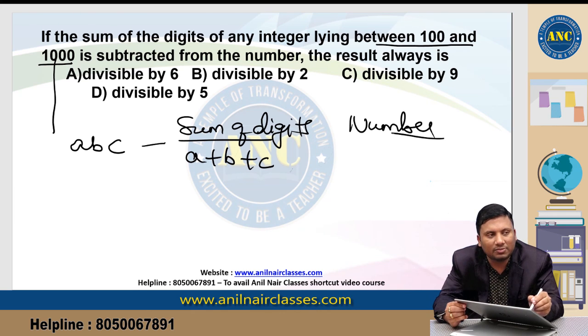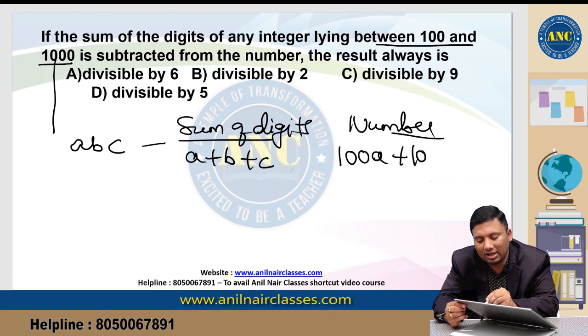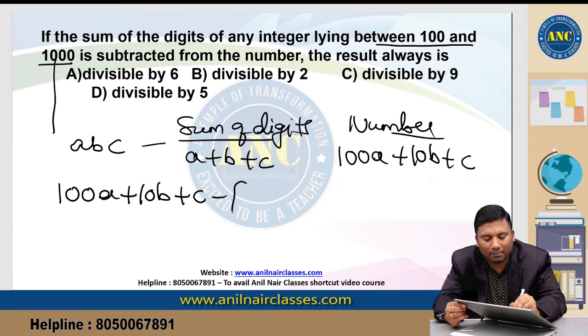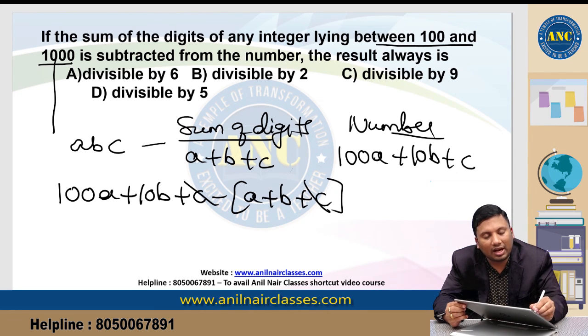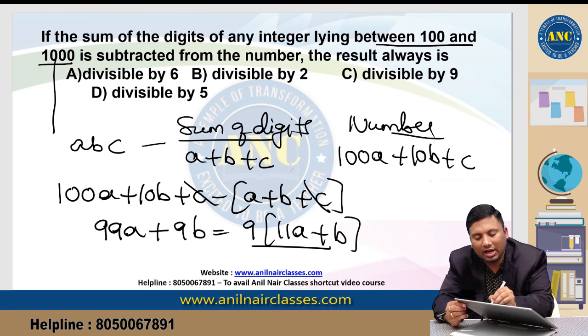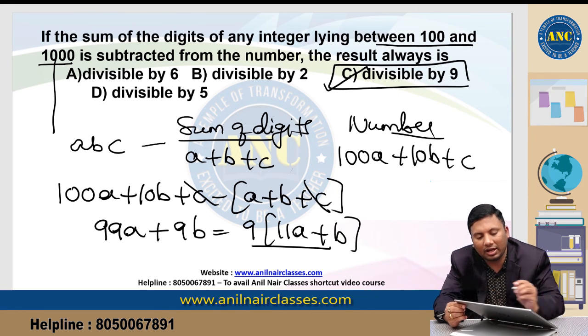C is the units place, b is the tens place, a is the hundreds place, so the number is 100a plus 10b plus c. Subtracting gives 100a plus 10b plus c minus a plus b plus c. C cancels. 100a minus a is 99a, 10b minus b is 9b. So if I take 9 common, 9 into 11a plus b, 9 into any number, the answer will be divisible by 9. I hope it is clear.